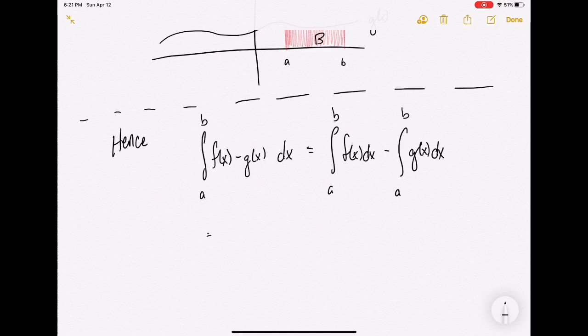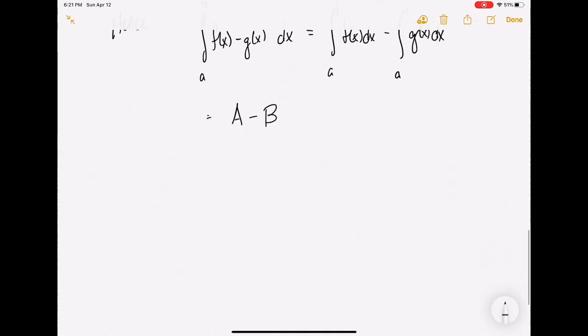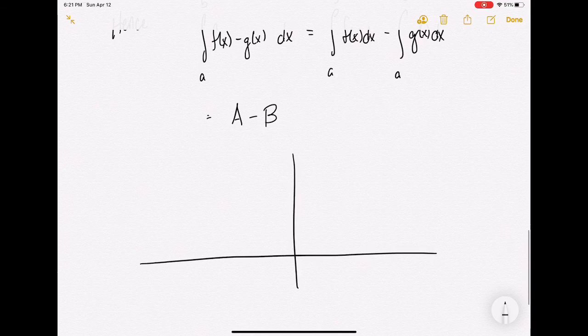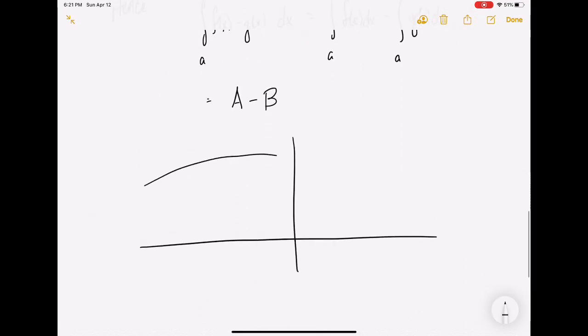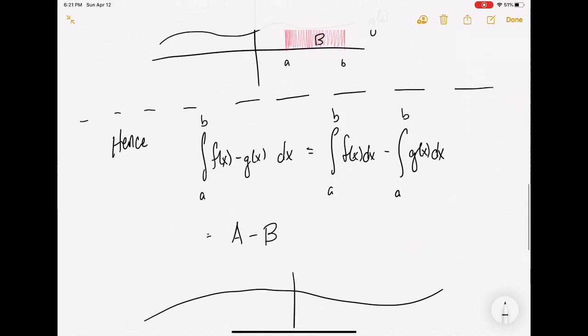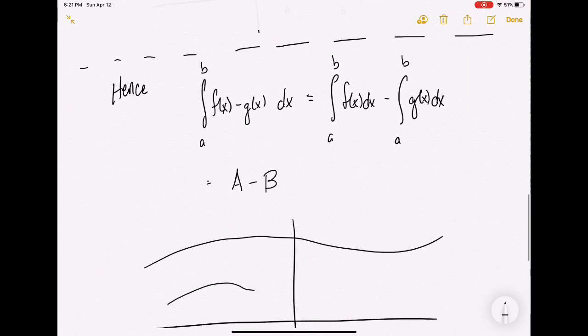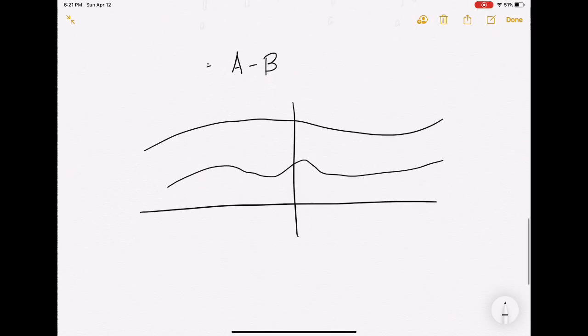And what is that? That's the area A minus the area B. And what does that look like pictorially? What did f look like? That's pretty simple. f was like this, and then g was something like that. And I can look at this whole thing was A.